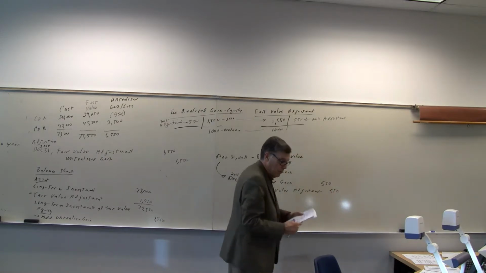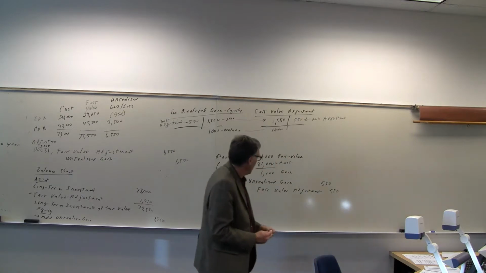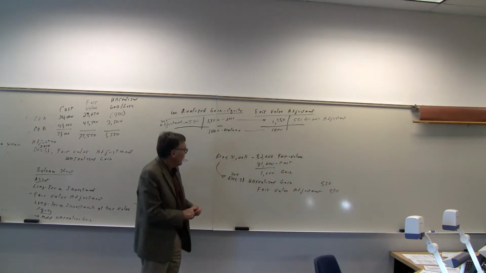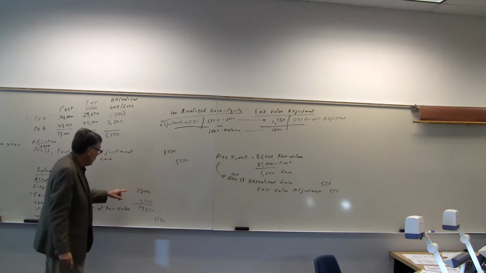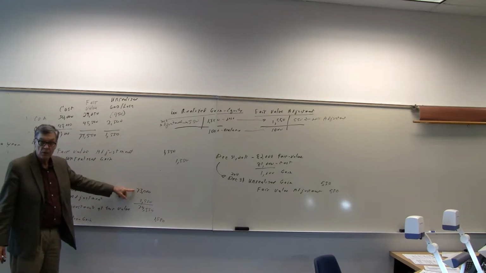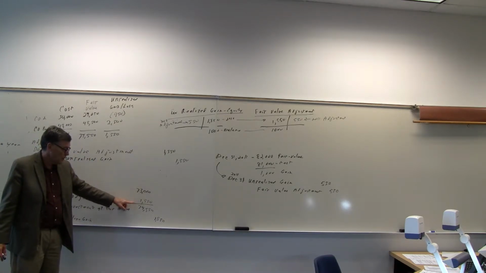So what we've done here now is the fact that your portfolio will be reported at cost. You have an adjustment that will bring it up to its current fair value.